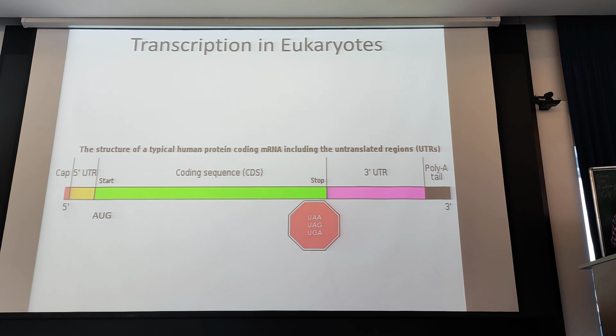First, it will have a 5' cap. And it also has what is called the splicing process, when all the introns are removed and only the exons remain. And in the end, we have the poly A tail.